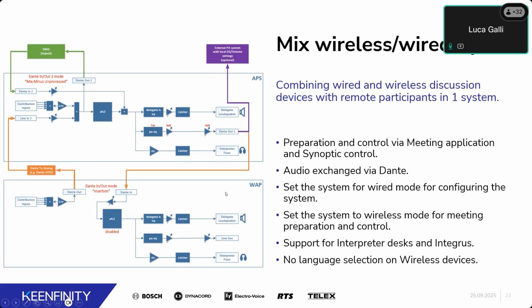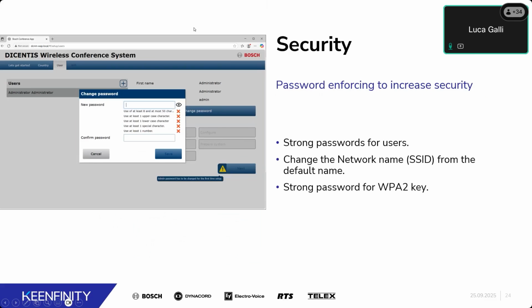You have exactly the same functionalities you get with wireless and wired. With hybrid, you can get interpretation shared with remote participants. And again, no language selection in wireless device, but it's possible to select the language from remote participants.